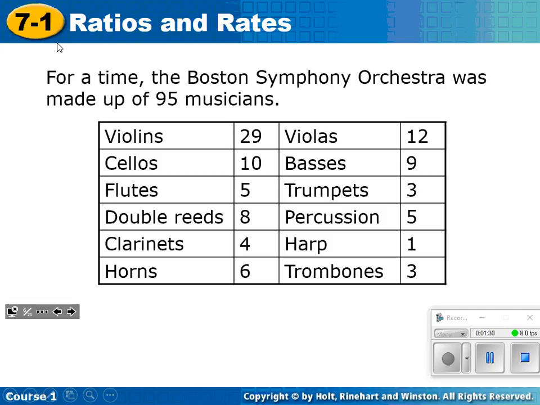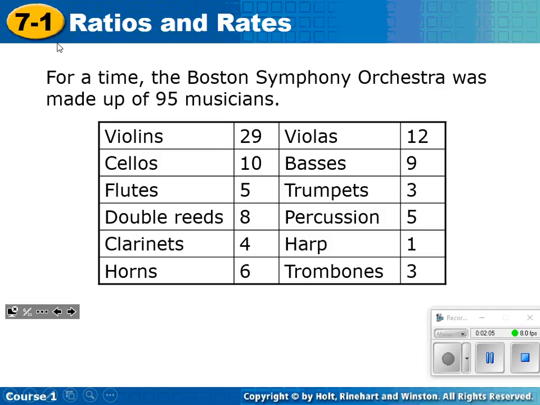So, question for you. What is the ratio of harps to violins? 1 to 29. What is the ratio of basses to clarinets? 9 to 4. 9 basses, 4 clarinets, so it's 9 to 4.